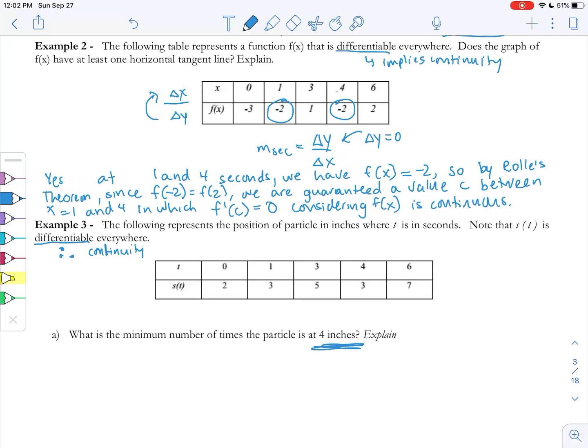So given that it is continuous, we can see through IVT that there's a change between 1 and 3 seconds from 3 to 5, then between 3 and 4, 5 to 3, and then between 4 and 6, 3 to 7, in which the function must pass the value of 4 in order to get from one value to the next.